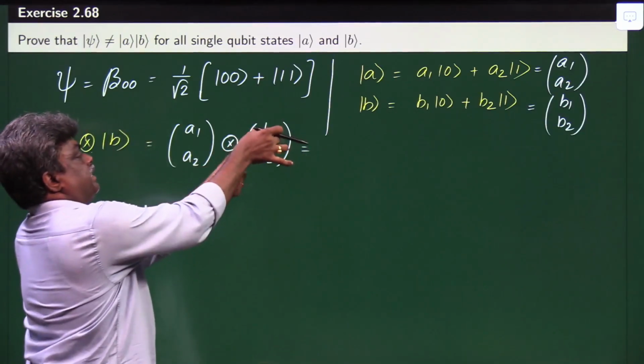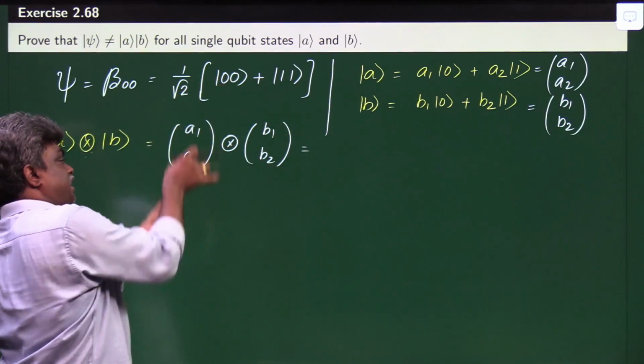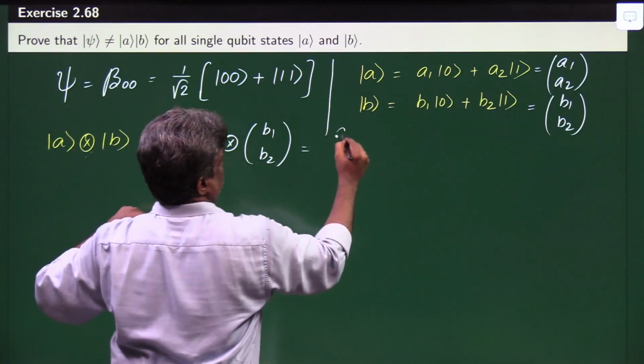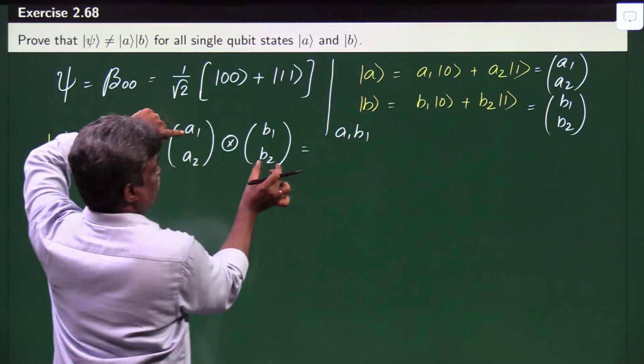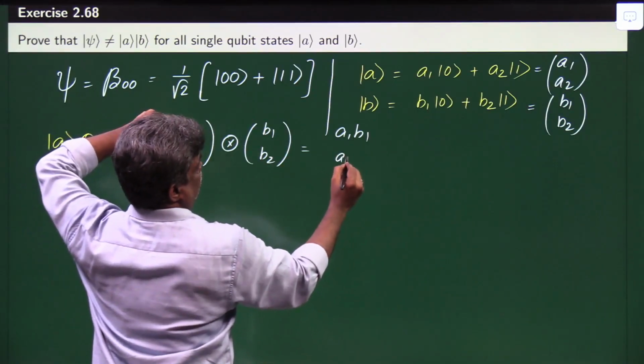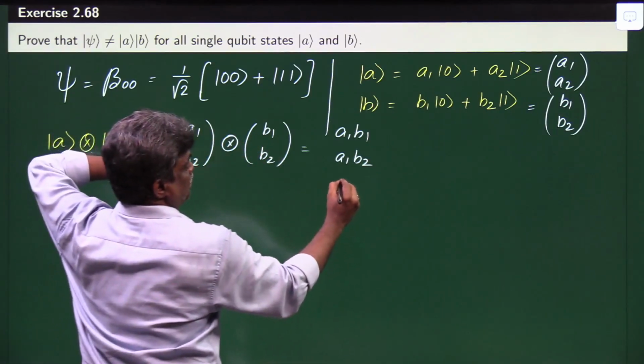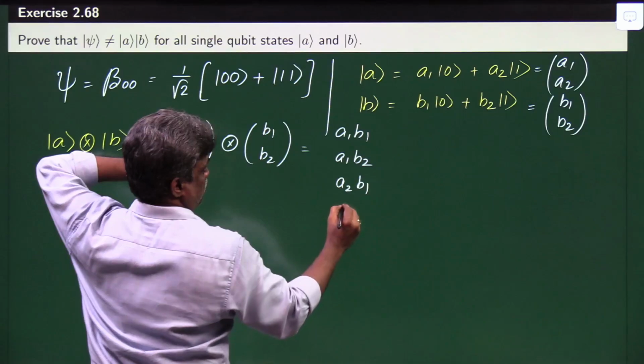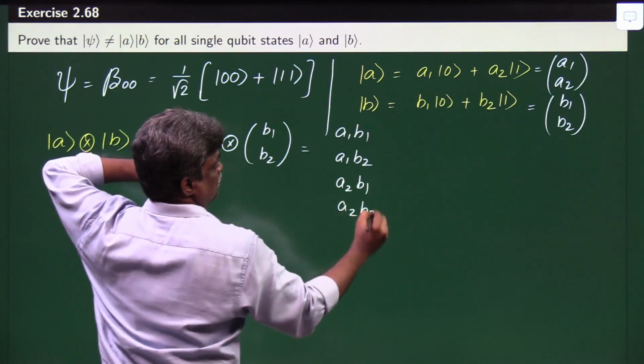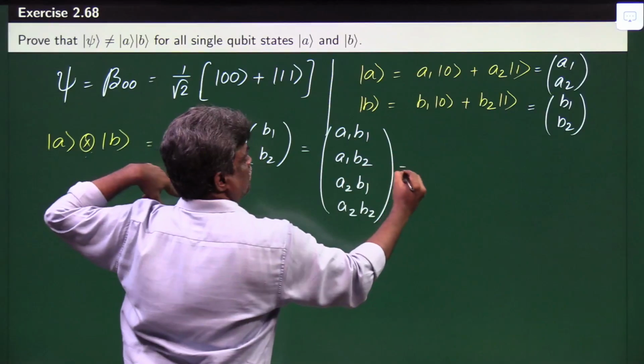Just take this entire matrix and multiply with each and every element of the other matrix. Then it is A1 times B1, then A1 times B2, and then A2 times B1, and A2 times B2. That's it.